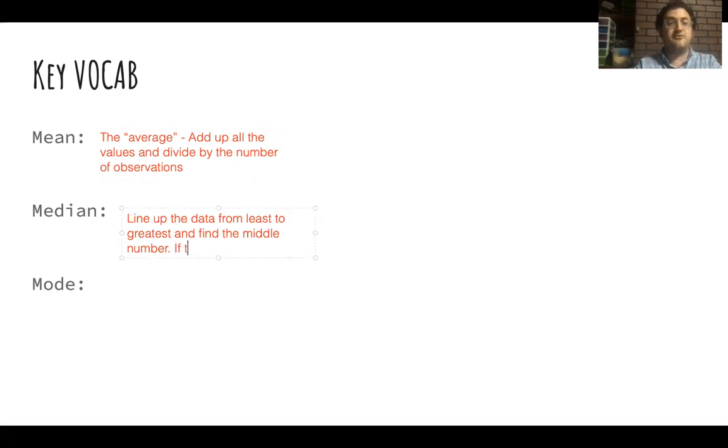And if there are two numbers in the middle, take the average of the two. And then the mode is the most frequently occurring value.